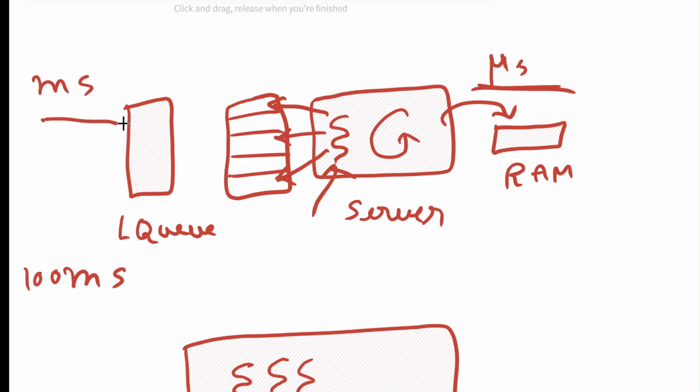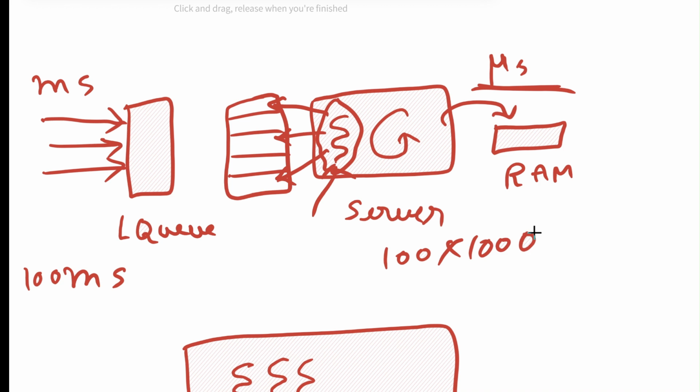Whenever there is a connection request, a TCP connection request onto our server, they get queued up in the listening queue. And as these operations are really fast, the same single thread gets free frequently. So in 100 milliseconds, we can probably do 100 into 1000 operations.